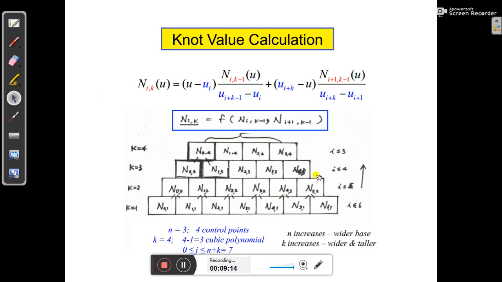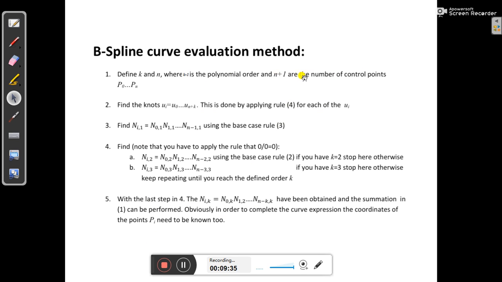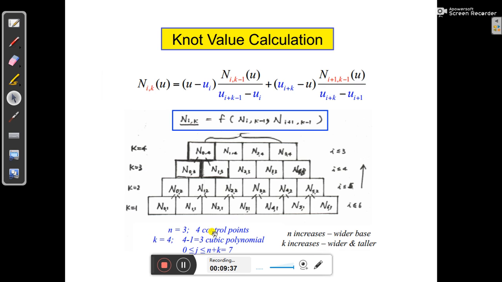If we start from k equal to 1, the base, where n equals 3, so 4 control points. Here you can see n plus 1 are the control points. So if n equals 3, then 4 control points.